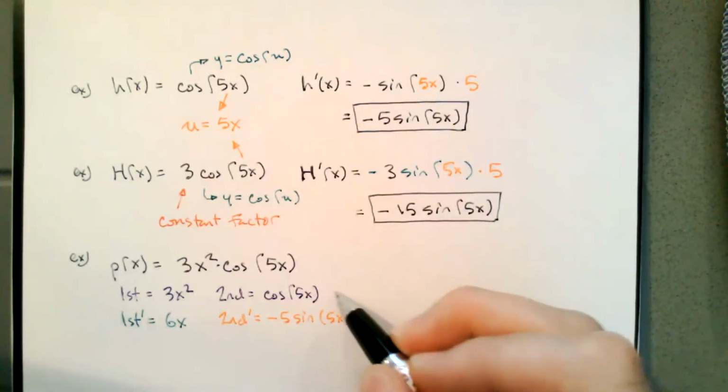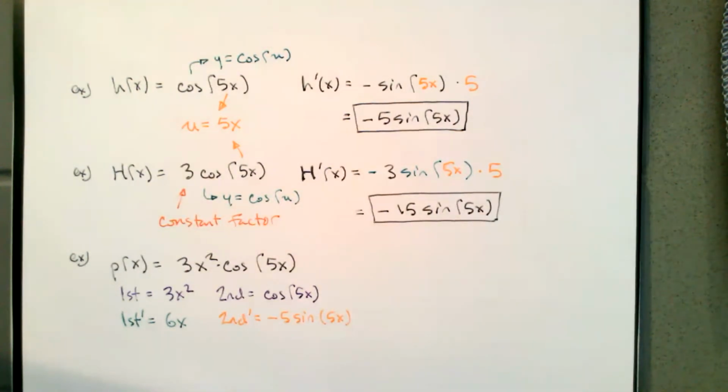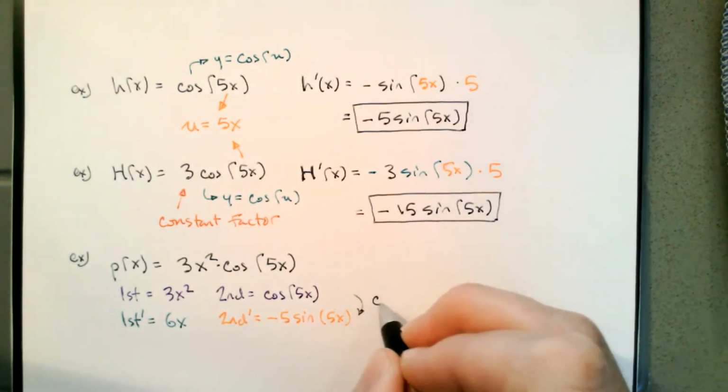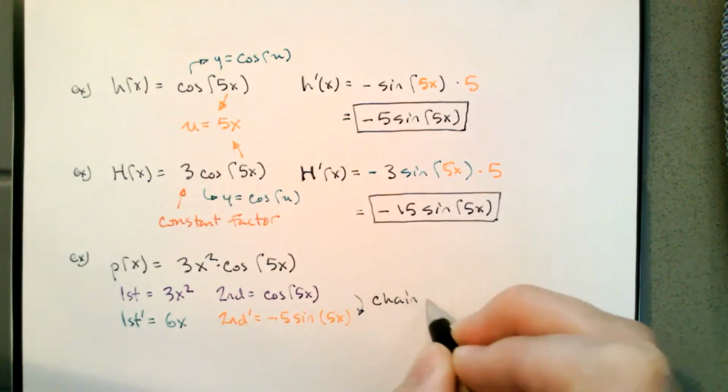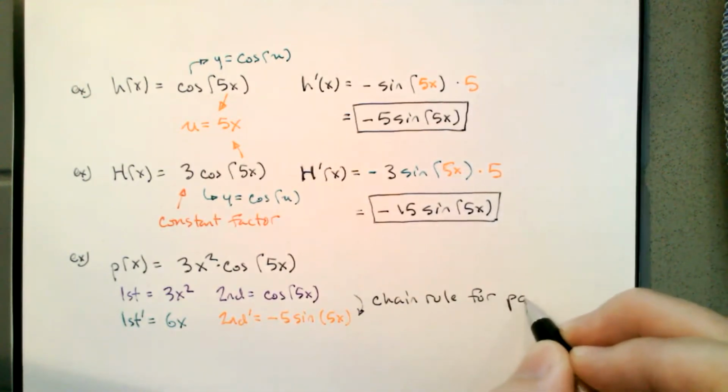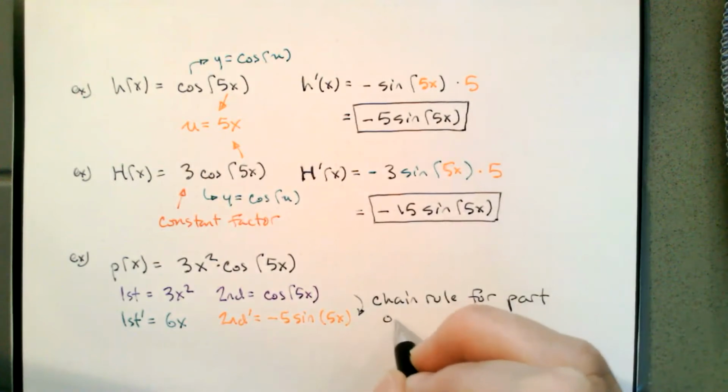So notice when we took the derivative of the second, we needed the chain rule, but just for that derivative of that factor. So we did use the chain rule. So we're using the chain rule for part of our product rule.